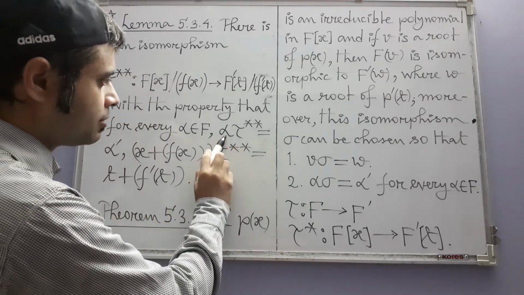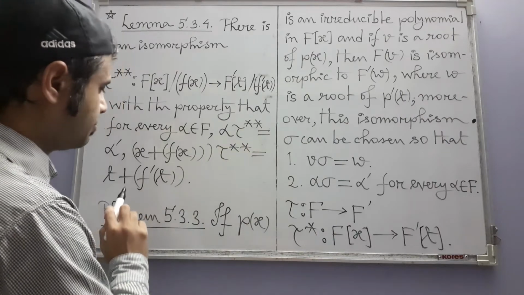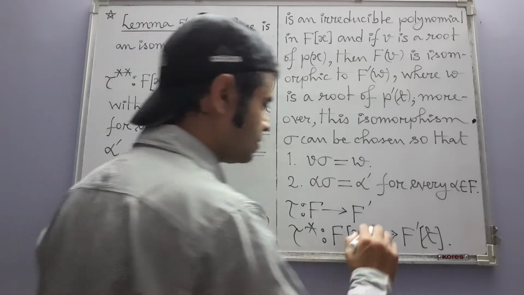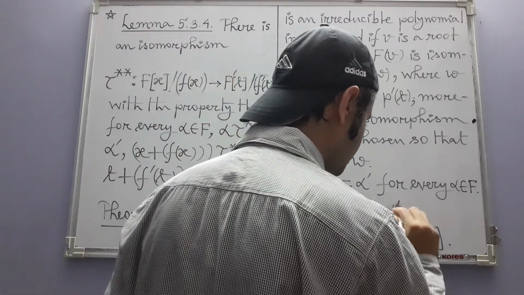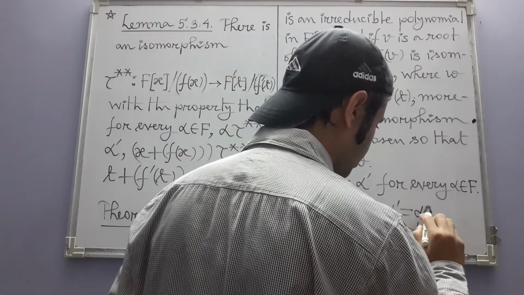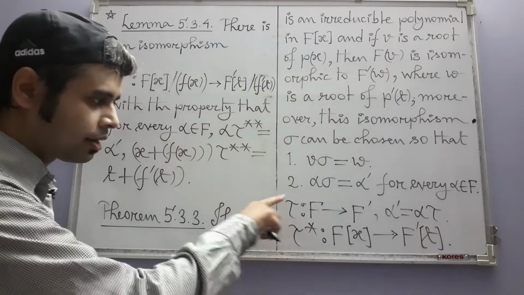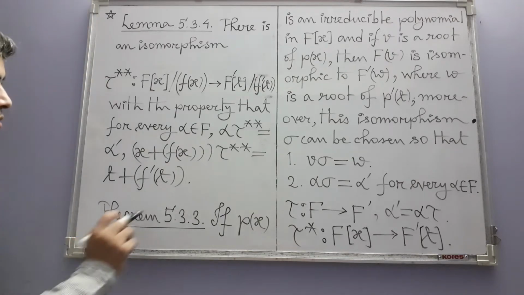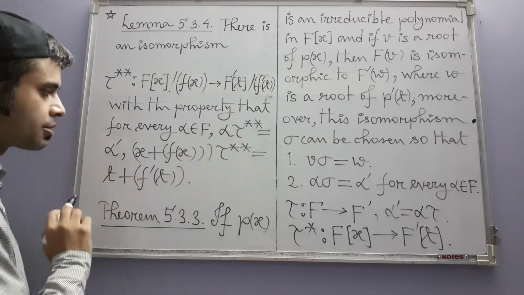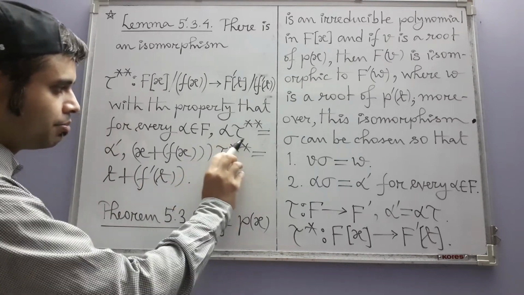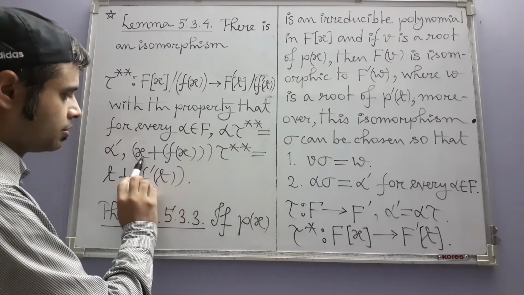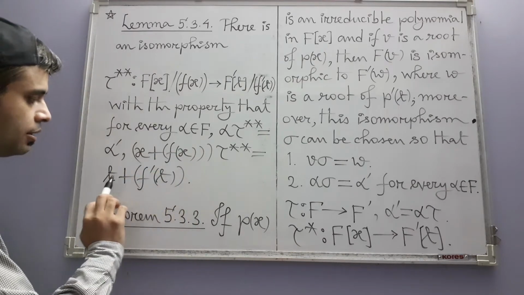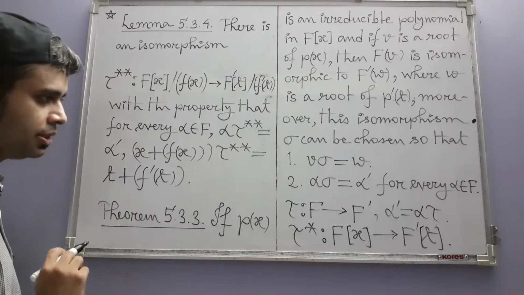If you apply tau star star on alpha, then you get alpha prime, and recall that this alpha prime is actually nothing but the image of alpha under our original isomorphism tau. So tau star star behaves on the field elements like this, and it maps this particular coset x plus the ideal generated by f(x) onto this coset t plus the ideal generated by f prime(t).